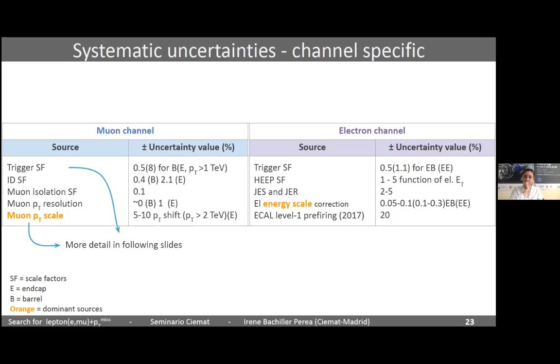Irene, may I ask? Well, congratulations. You exploited this channel a lot. So thinking on this slide, in 3 years from now or so, with Run 3, we will have essentially double the statistics. Okay. So what are the areas we should work on to improve the measurement?